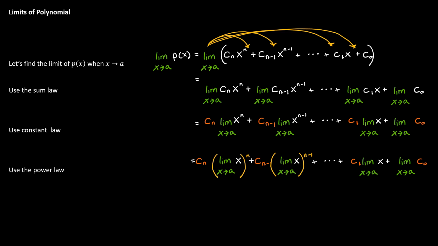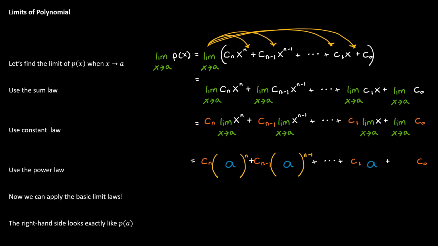And if we simplify these limits, we can see that the limit of x when x is going to a is just a. The limit of c sub 0, that was a constant, so that limit is equal to c sub 0. And notice now that we have what looks like our original polynomial where all of the x's have been replaced with a.